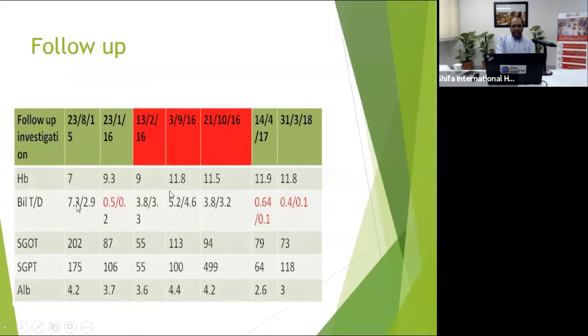And then later on, in the course of the illness, he had 3 episodes when his bilirubin was raised. Those 3 episodes, followed again by a few normal readings, show that he had episodes of cholangitis.